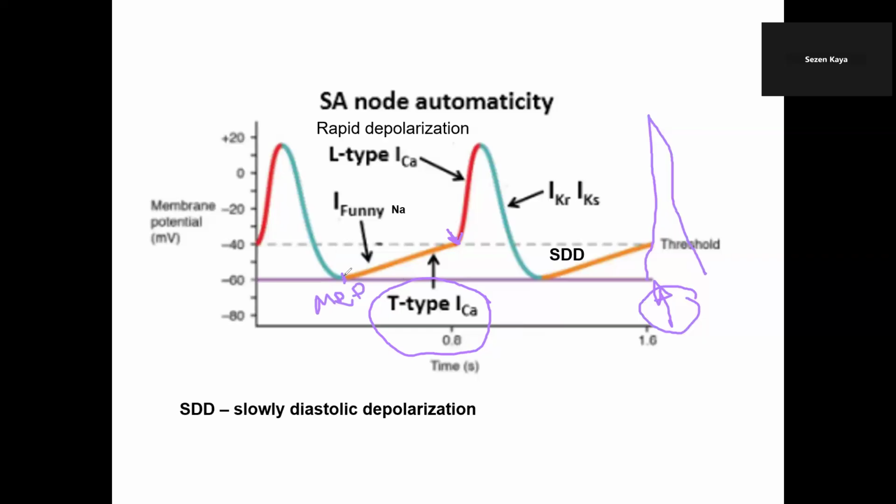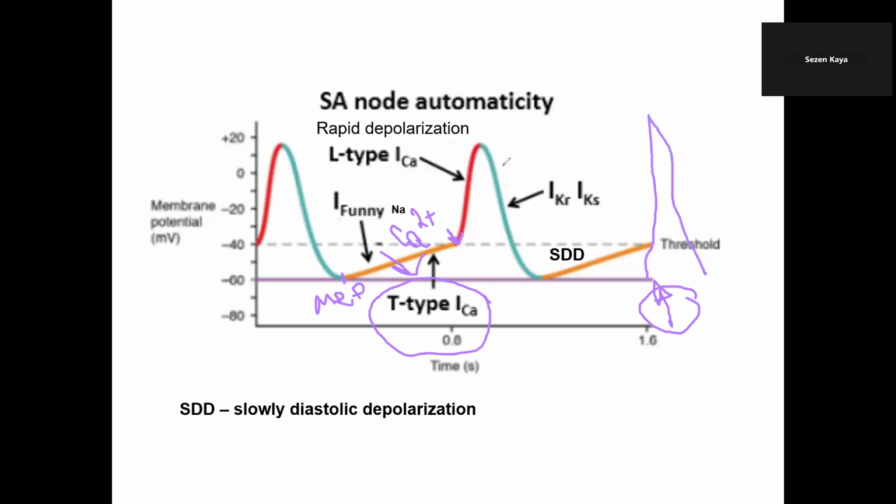When we reach the MRP level, the T-type calcium channels and funny sodium channels automatically open, and calcium and sodium enter the cell. Because calcium is positively charged, it makes the voltage more positive. From -60, it reaches -40.